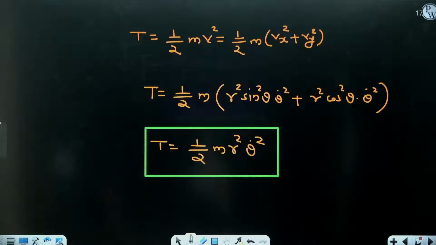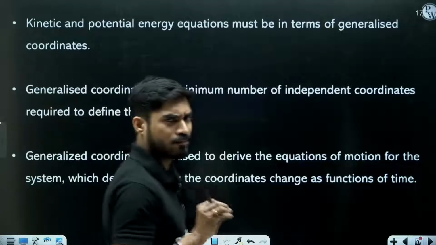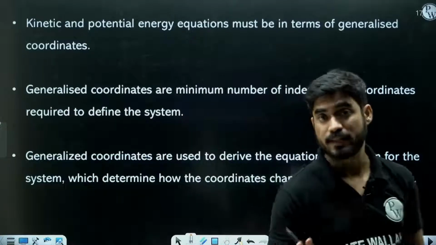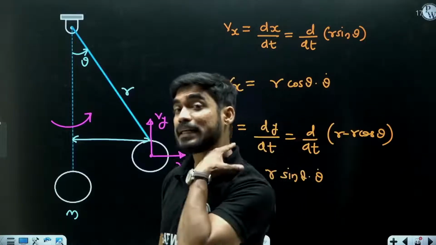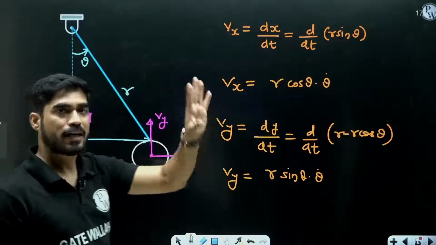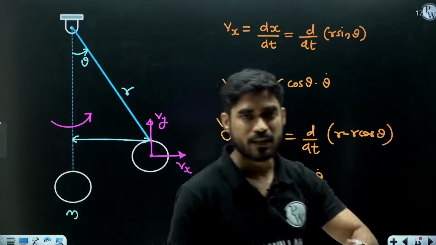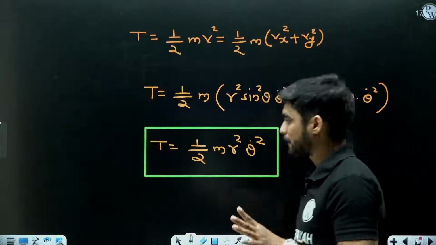Now I hope you have understood the meaning of generalized coordinate, right? When we write the equation of kinetic energy and potential energy, we have to use generalized coordinates, meaning the minimum number of independent coordinates. So x and y are two different coordinates, but they are not independent. They both are dependent on theta. So here the independent coordinate is theta, and the minimum number of coordinates is 1.